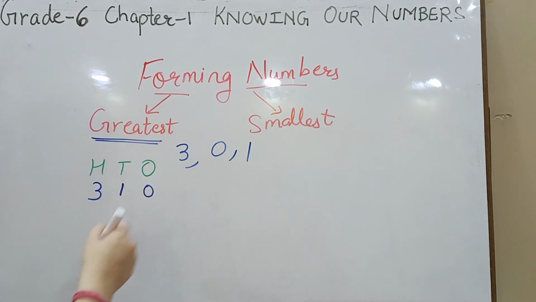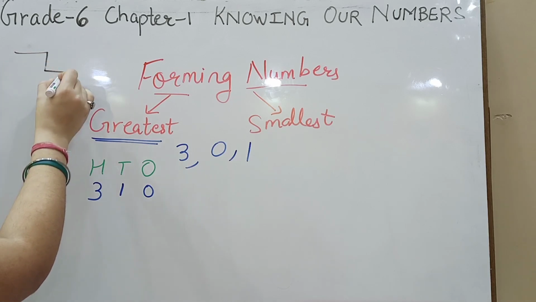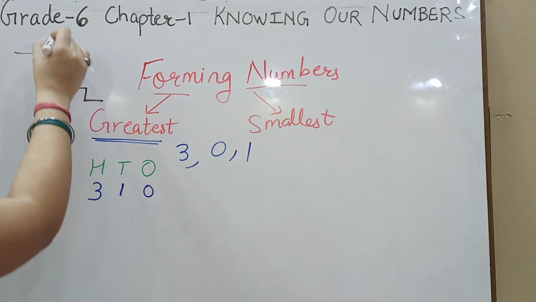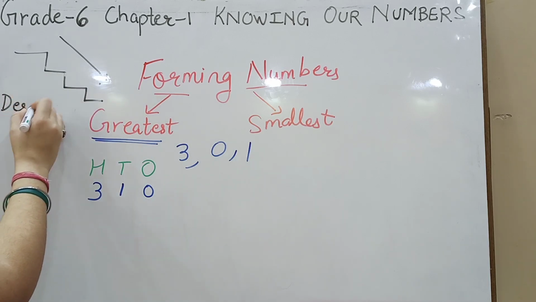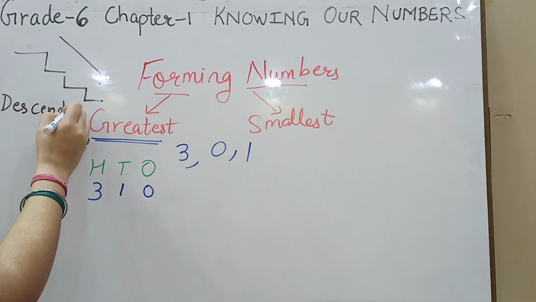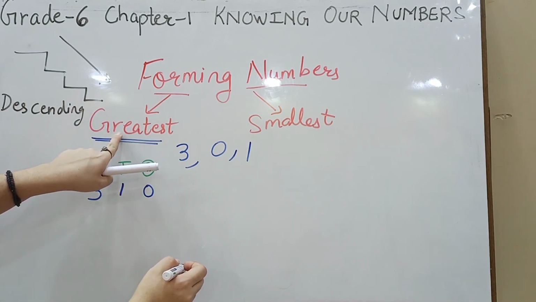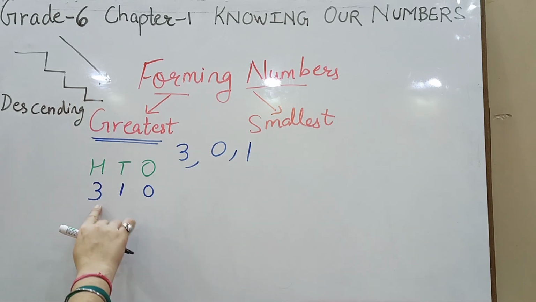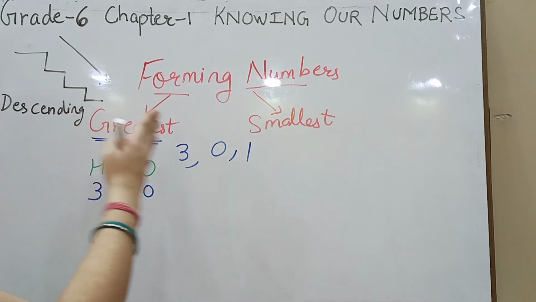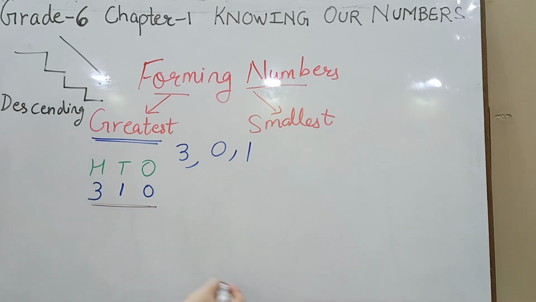If you remember in the previous video, I told you when we move from bigger to smaller, that means from the third floor to the second floor or the first floor, that means moving down. The order was known as descending order. So when we are arranging numbers in the greatest form, we need to form the numbers in descending order. Descending means from the greatest to the smallest. So the greatest number that can be formed is 310.